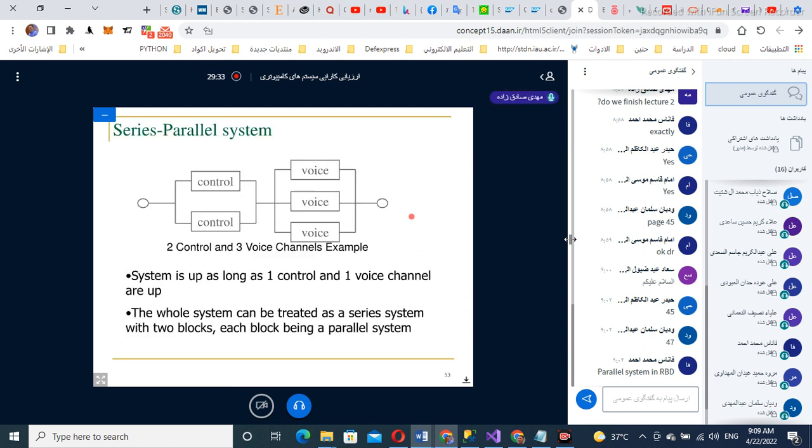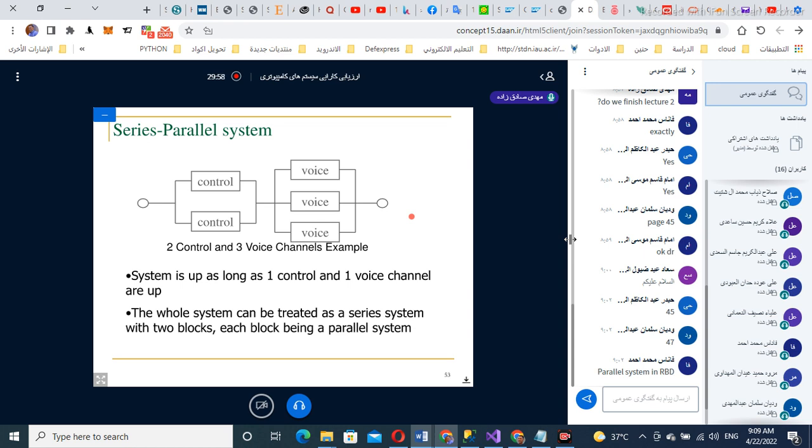Now the series-parallel system, which is a combination of serial and parallel systems. We can see in this figure we have two control and three voice channels, for example. A system is up as long as at least one control and at least one voice channel are up.